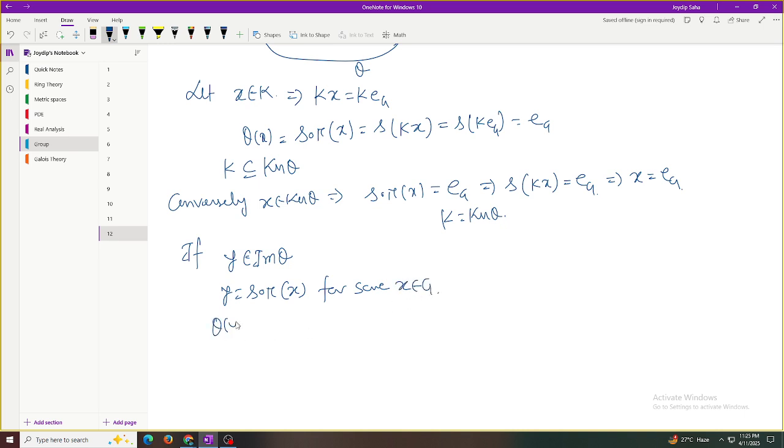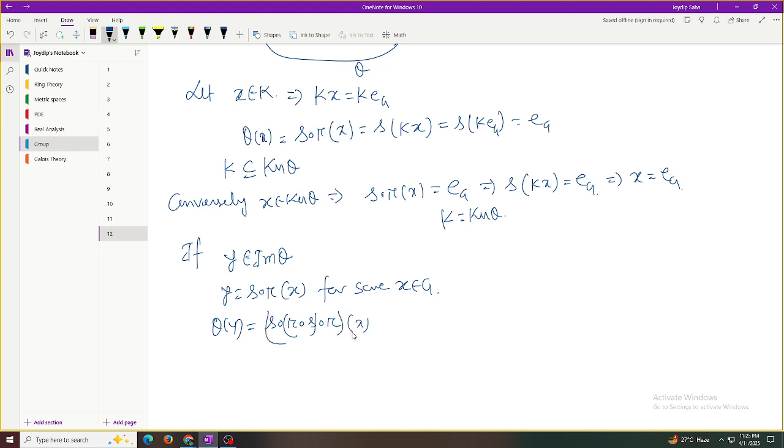Now theta y equals s compose pi compose s compose pi of x.